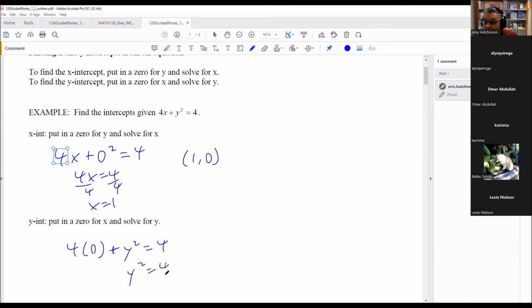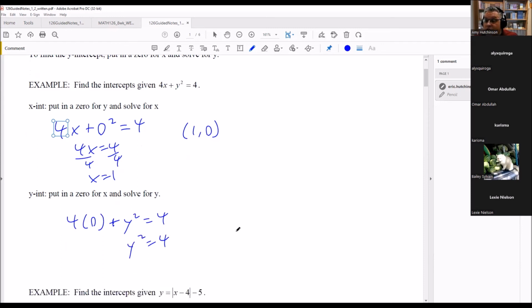Now here's something important. Whenever you have a square like that, you want to take the square root of both sides, and remember that you're going to get plus or minus. So Y equals plus or minus the square root of 4, which means Y equals plus or minus 2 is my answer.